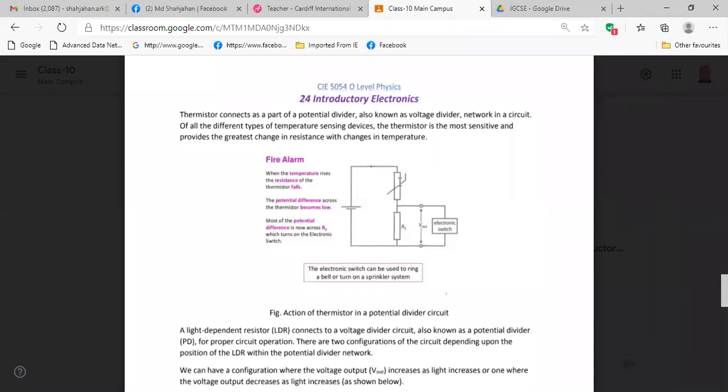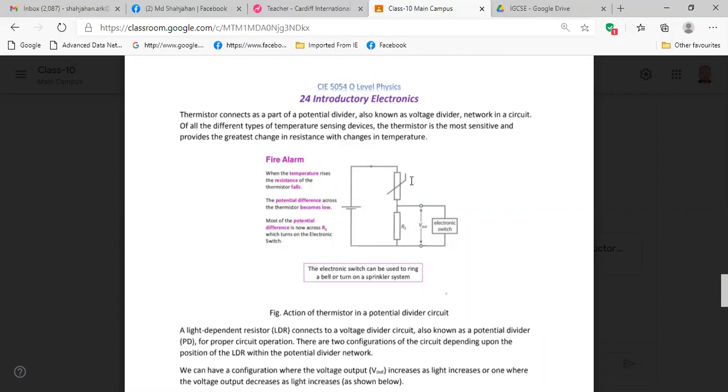What is the working principle of the heat sensor? If heat or temperature increases, then resistance decreases. If the resistance is decreasing here, like in the thermistor, according to the potential divider formula, what will happen?